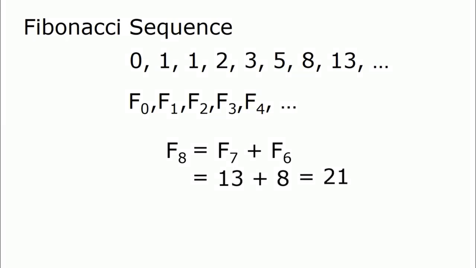So what if we are looking for f sub n, or the nth term of the Fibonacci sequence? First, we need to add f sub n minus 1 plus f sub n minus 2, where f sub n minus 1 is the previous term, and f sub n minus 2 is the term before that.